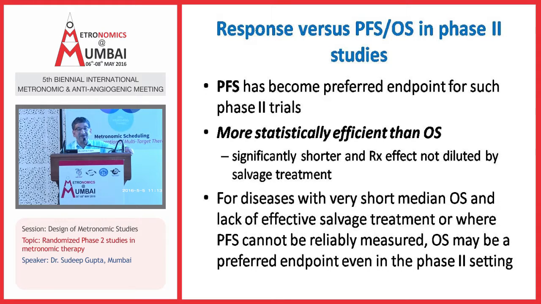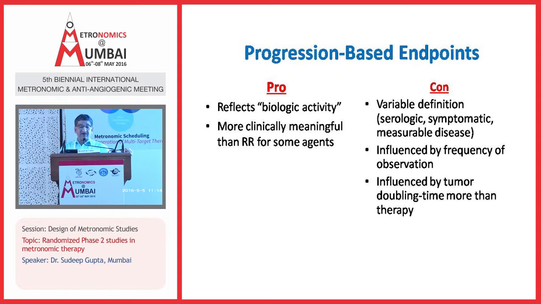So PFS has become somewhat of a preferred endpoint for phase 2 studies. It is more statistically efficient than overall survival because it takes a shorter period of time to attain progression free survival, and there are several pros of progression based endpoints.